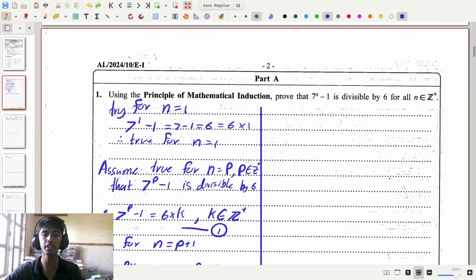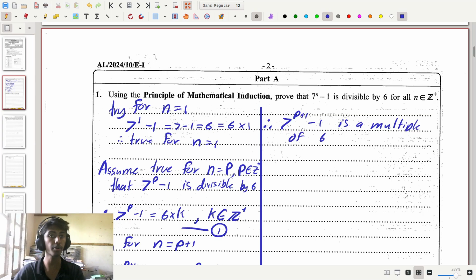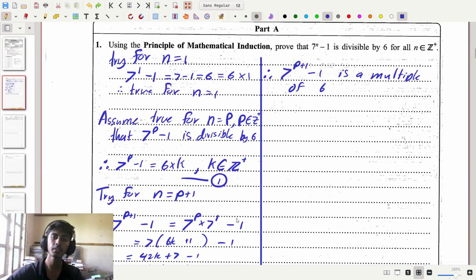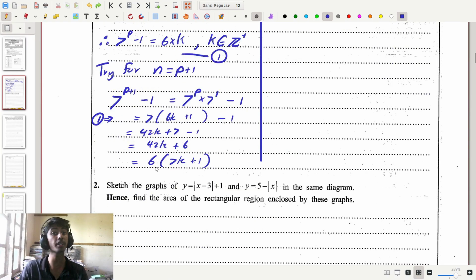So we can say therefore 7 to the power of p plus 1 minus 1 is a multiple of 6, and for a reason why, it is equal to 6 times 7k plus 1, and 7k plus 1 is an element of the positive integers. So it's a multiple of 6 since 7k plus 1 is an element of the positive integers, and that is sufficient logic for us to say that 7 to the power of p plus 1 minus 1 is a multiple of 6, since we can clearly see here we have 6 times an integer.